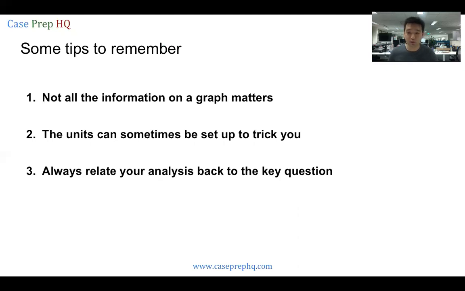It will make it seem like you're boiling the ocean and grasping at straws about anything you can find in the data, as opposed to really thinking about how it relates to the client's question. So always make sure that even though you start by looking for anomalies, you're pretty quickly trying to sift through those anomalies and determine whether or not they're relevant to the key question.